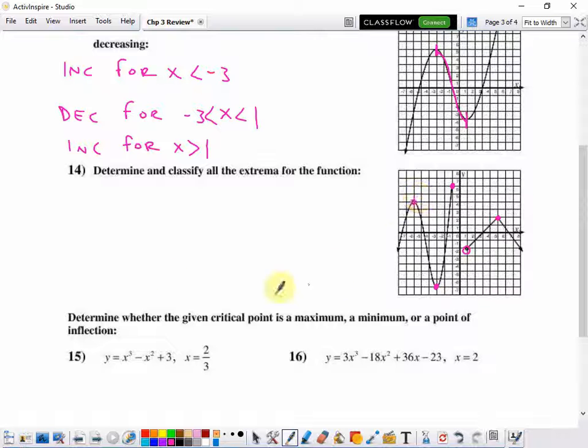So right here on the far left, that's not the highest point in the entire graph, but it's a high point for its section of the domain, so that is a relative maximum. And its coordinates are -6, 4.